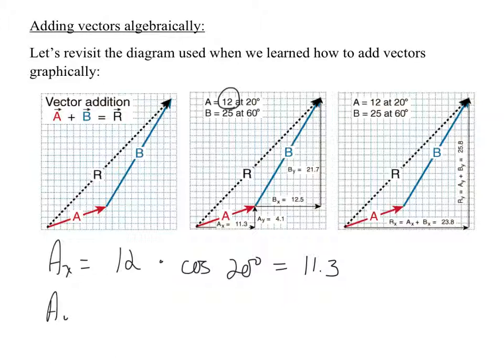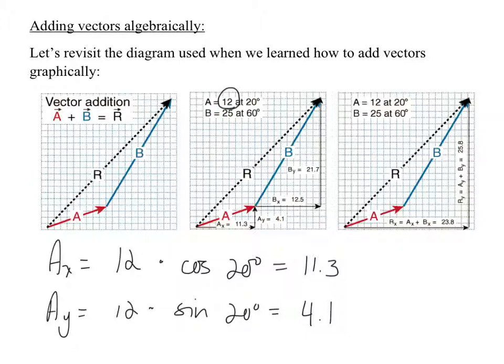And then AY is just going to be 12 times the sine of 20 degrees, and that's going to be a value of 4.1. And if you don't believe me that this is true, obviously it's in the diagram, but just do 11.3 squared plus 4.1 squared and you'll get 12 squared. So if you do this squared plus this squared, you should get 144, or 12 squared, r squared. So that's the angle 20 degrees.